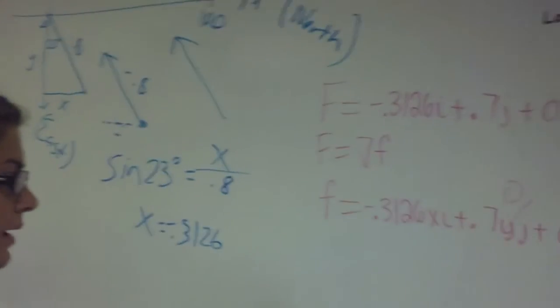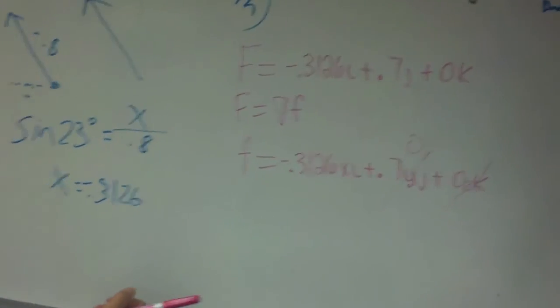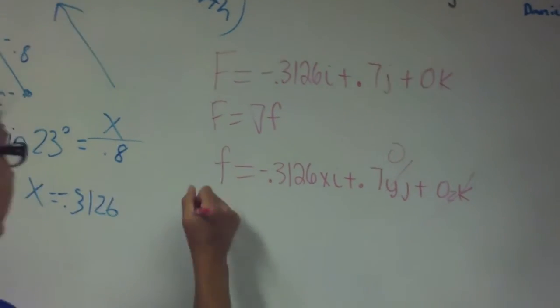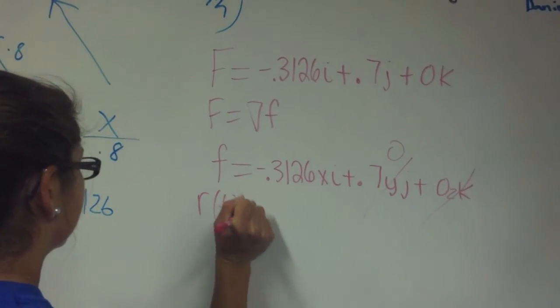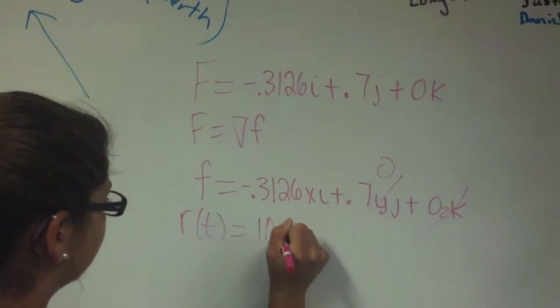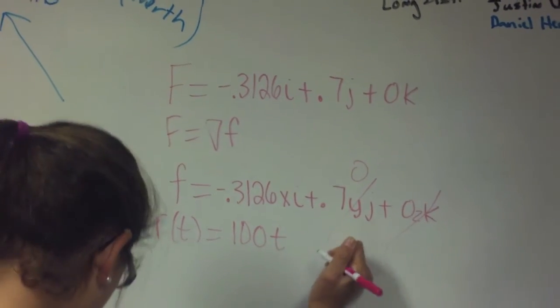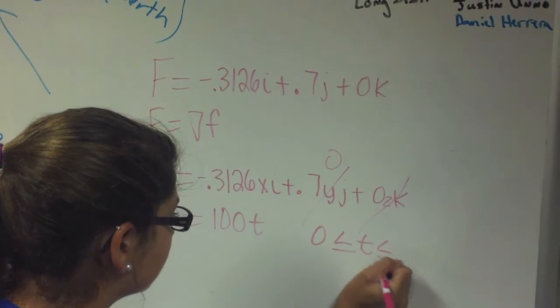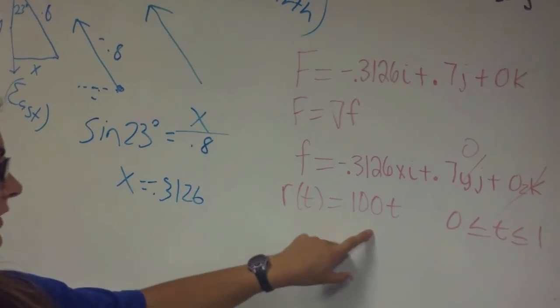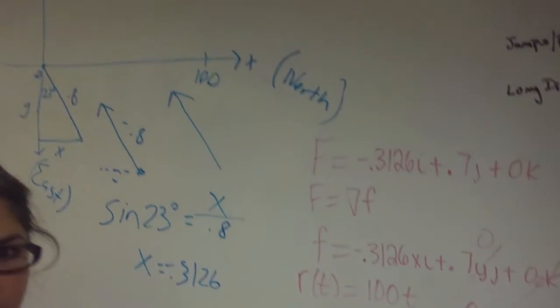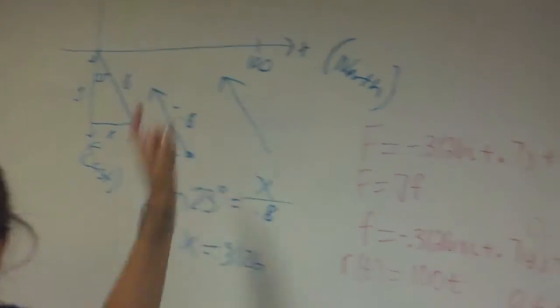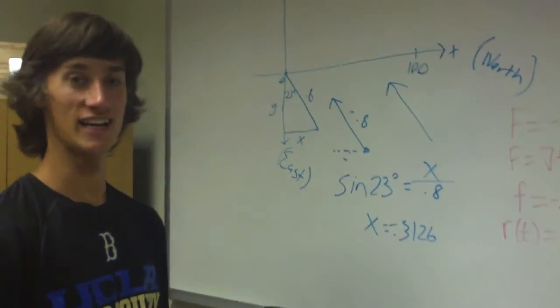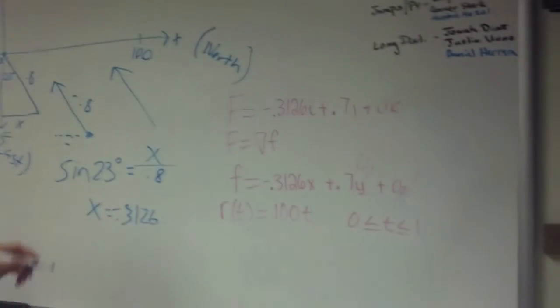Then we need to parameterize the line, so we have r of t equals 100 t, where t goes from 0 to 1. And r of t, this line, is the parameterization of the runner. Now that we have all the data, we just have to plug it all in.